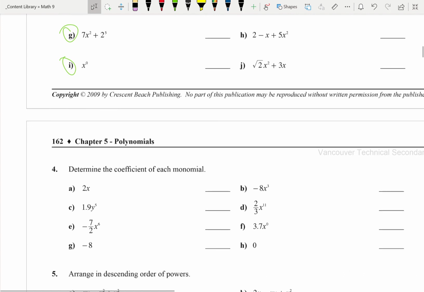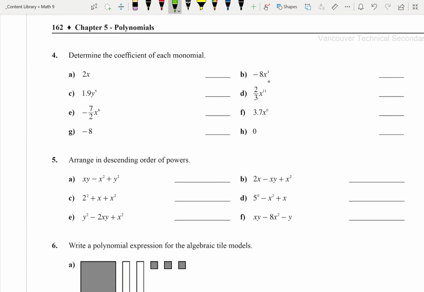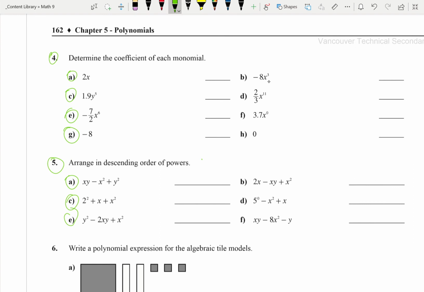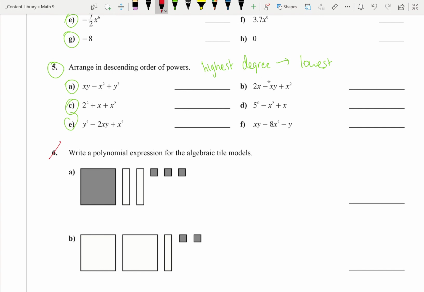4, determine the coefficient. So this is remembering what our coefficients are. 5 is arrange. So this is our highest degree to lowest. We are skipping number 6.